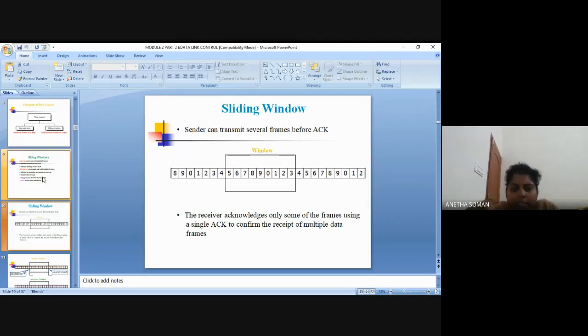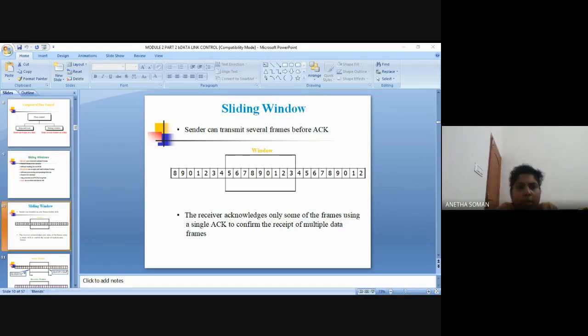In the sliding window protocol, you define an imaginary window at both the sender side and the receiver side. This window consists of a maximum of n frames at both the sender and the receiver. The frames within the window are transmitted at a time.